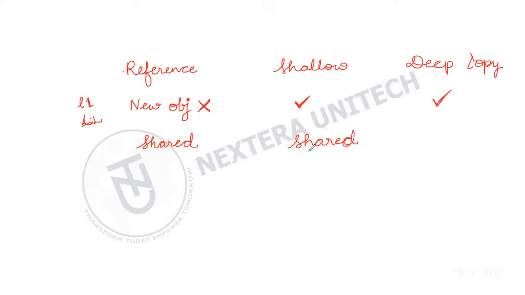In this, the outer lists will have different memory addresses, but the inner lists have shared memory addresses. Okay, that is the shallow copy.